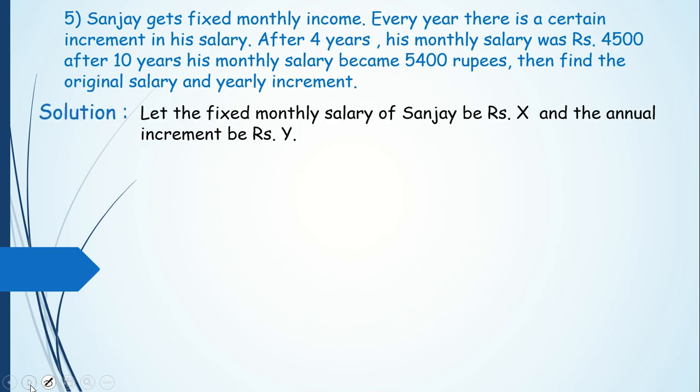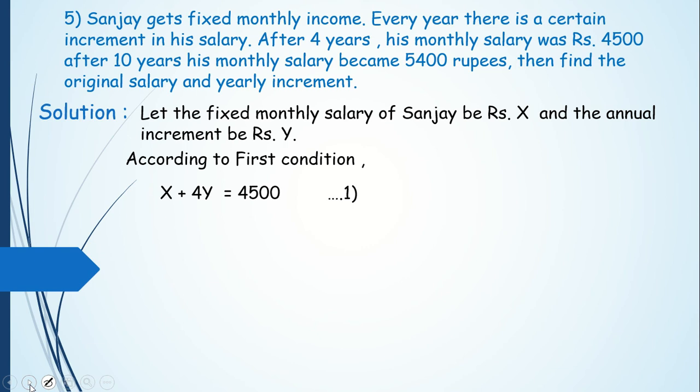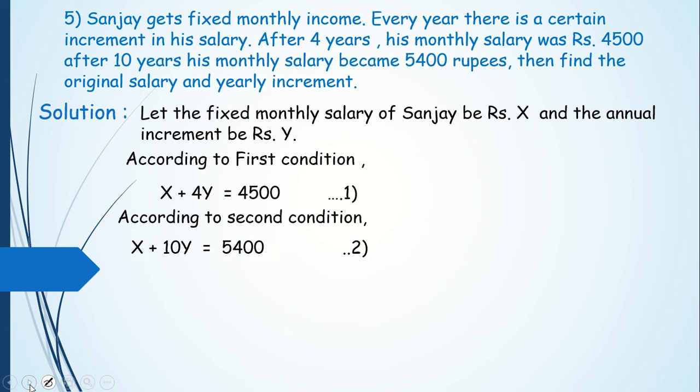Let the fixed monthly salary of Sanjay be x and the annual increment be y. According to the first condition, x plus 4y is 4500, and according to the second condition, x plus 10y is 5400. Now we subtract equation number 1 from 2, because the numbers here are greater.